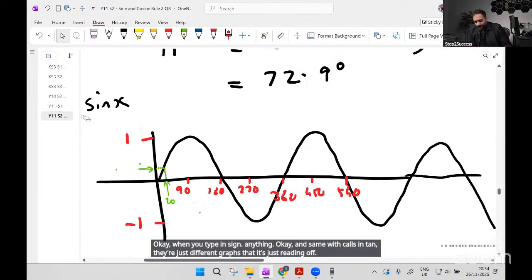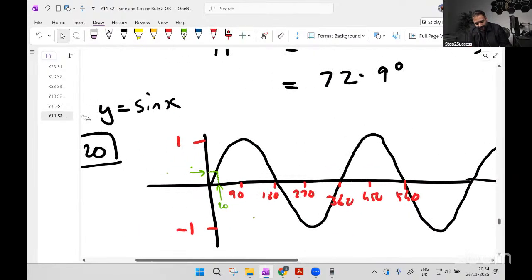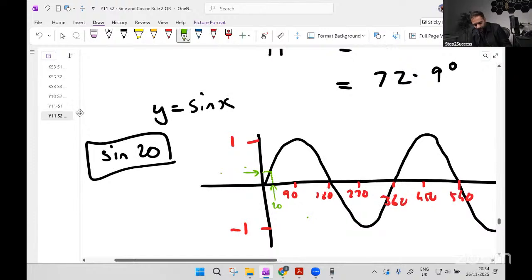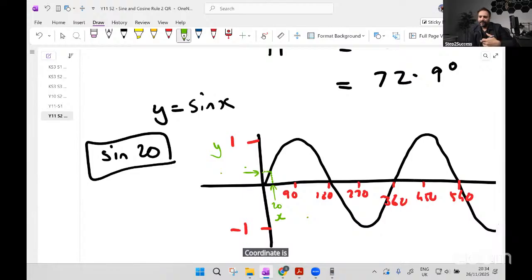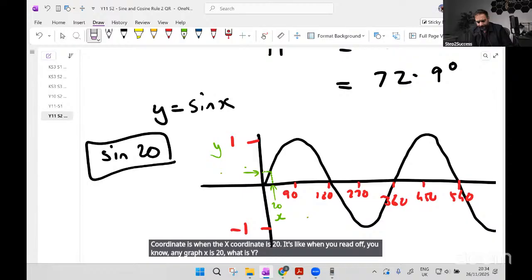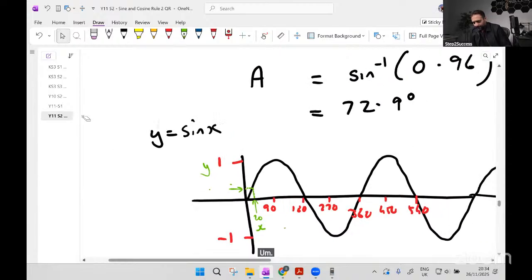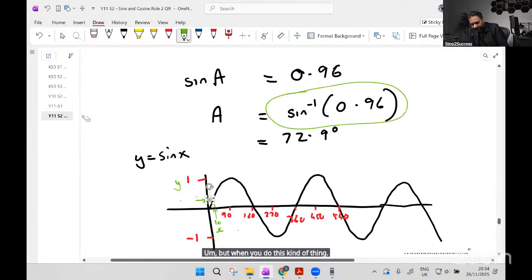When you do a question like sine 20, you're working out what the y coordinate is when the x coordinate is 20, like reading off any graph. But when you use the inverse button on the calculator, you do the opposite.